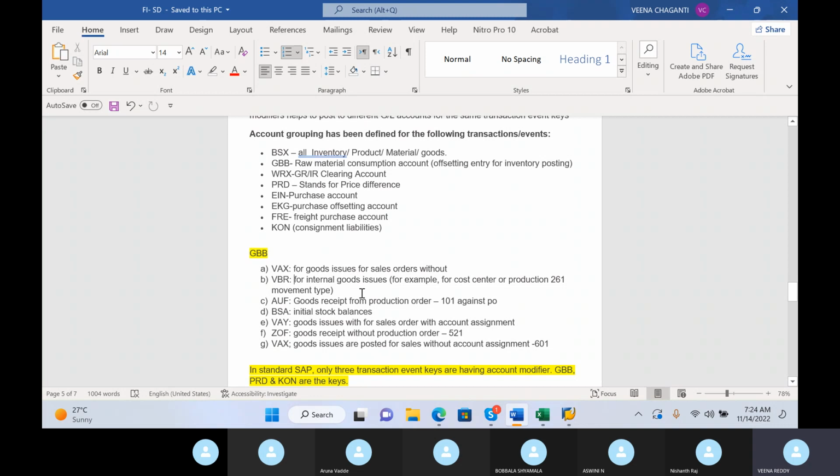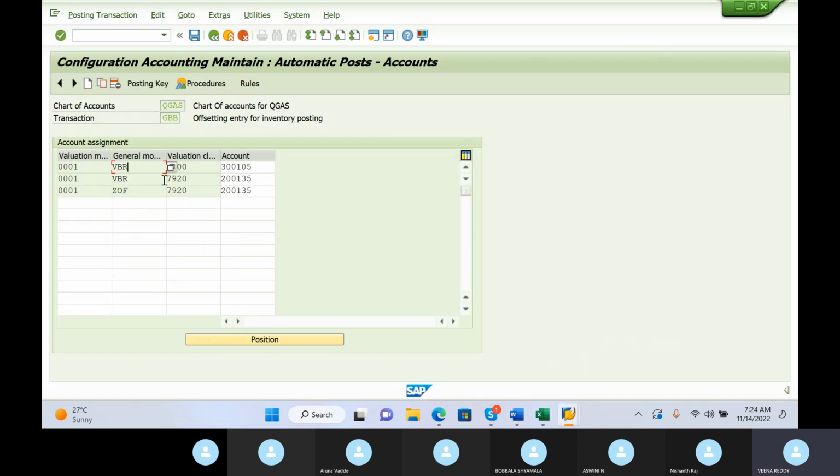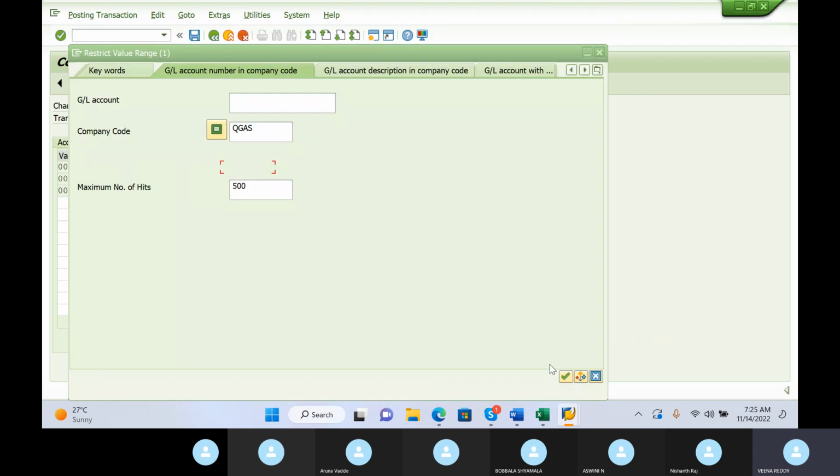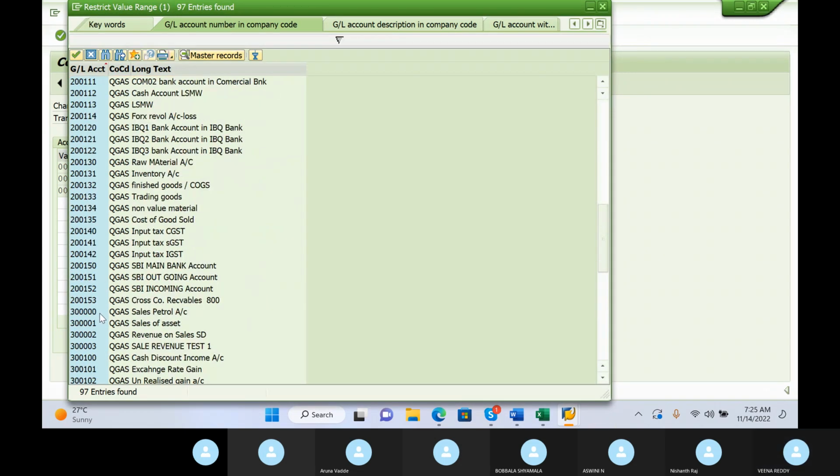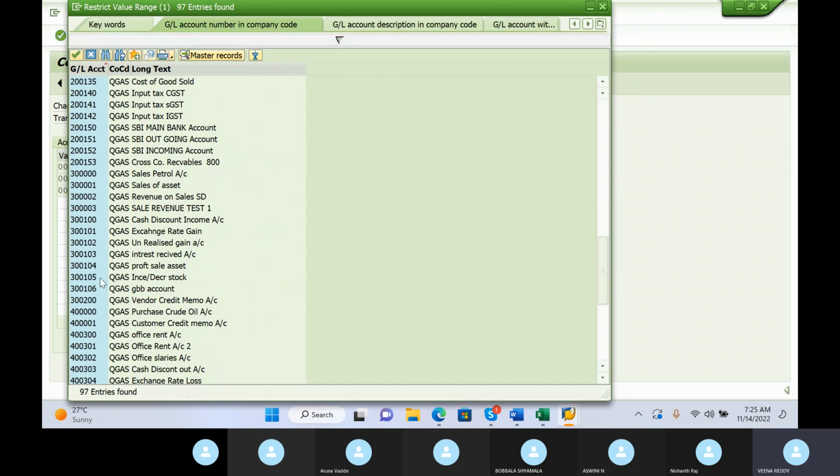These offsetting transaction keys will maintain the GL accounts. Okay, VBR is internal goods issue, and this VBR is related to GL account 300105, for increase and decrease of stock.